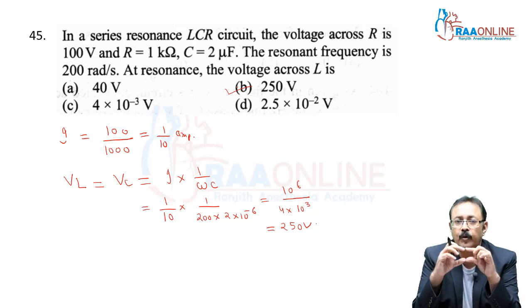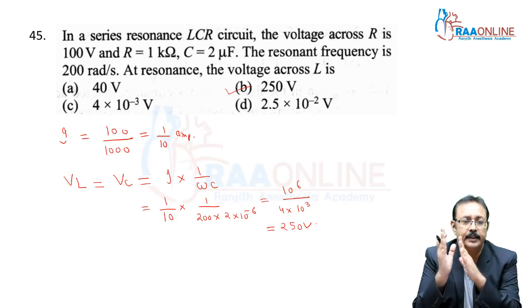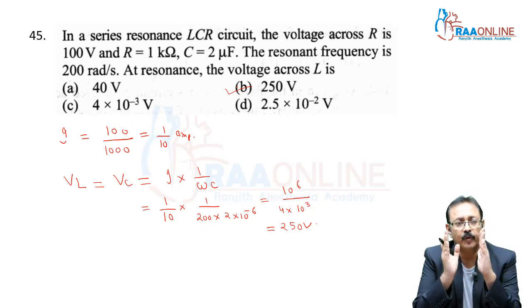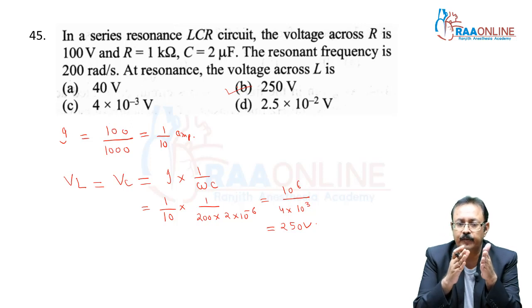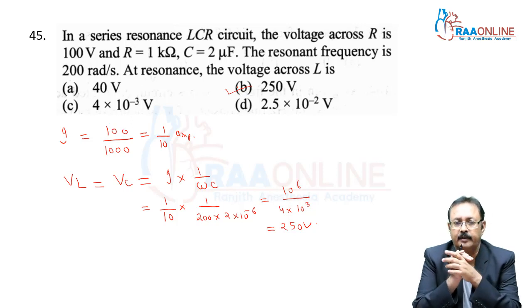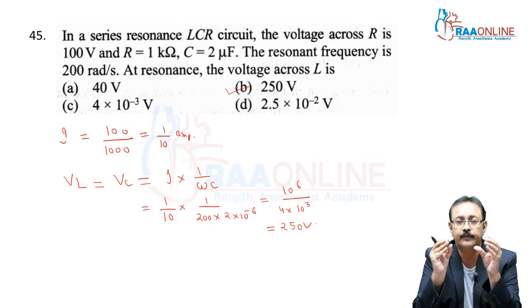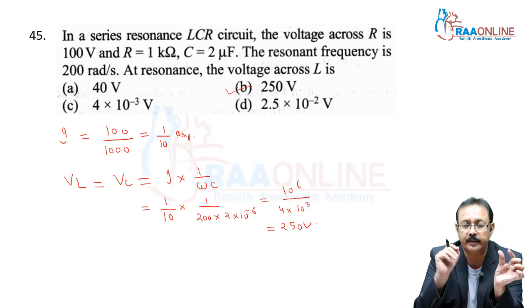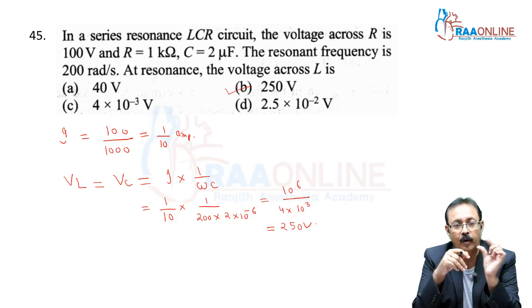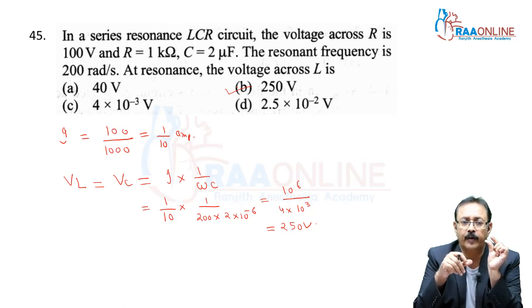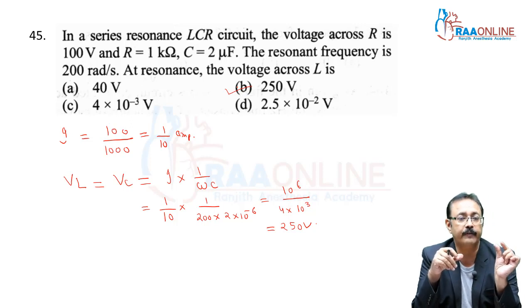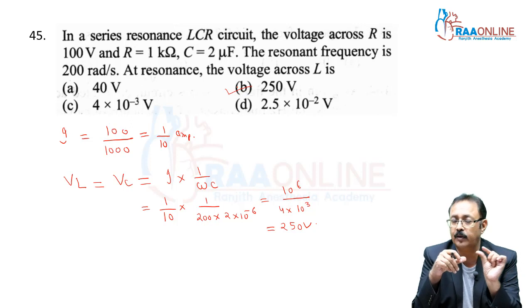So total voltage across L and C is 0. So whole voltage was with R, so we calculated the value of I. But now they are asking for the voltage across only the capacitor or only the inductance. Only inductance, it is not 0. So for VL we need XL, and for XL we need L, which was not given.